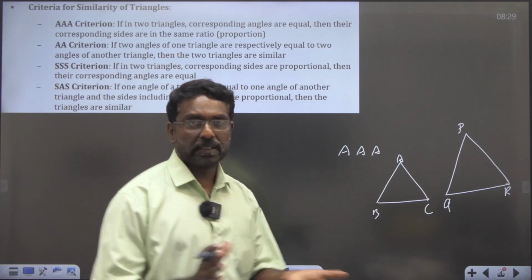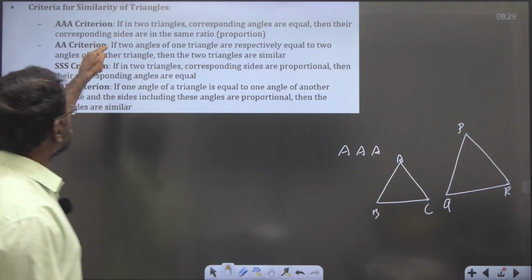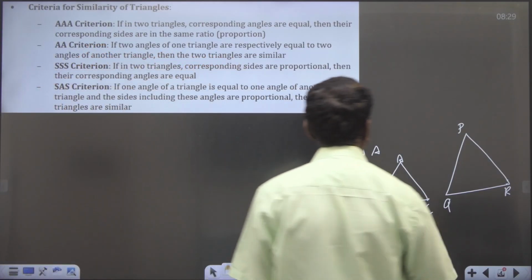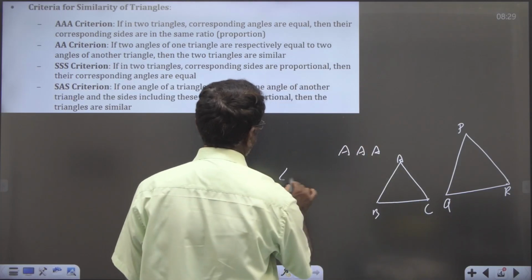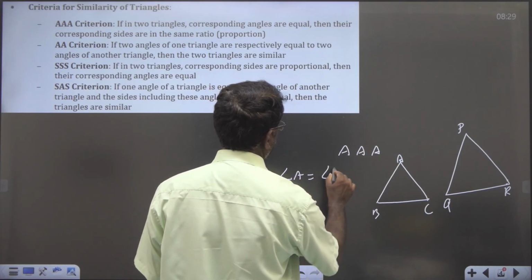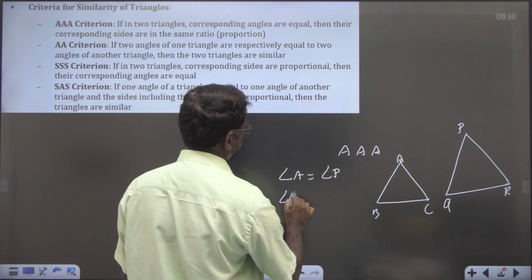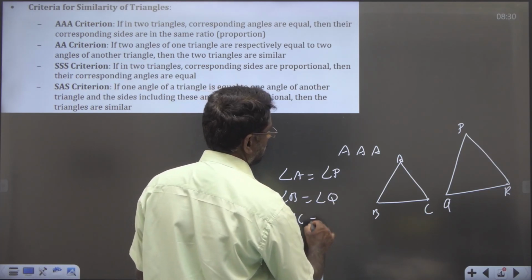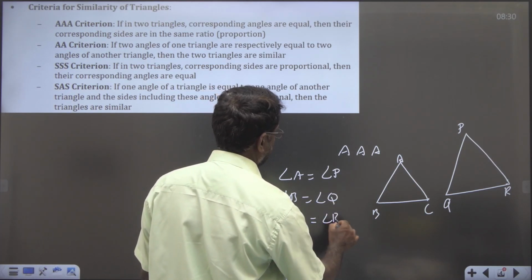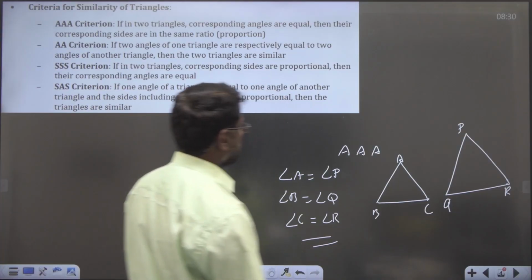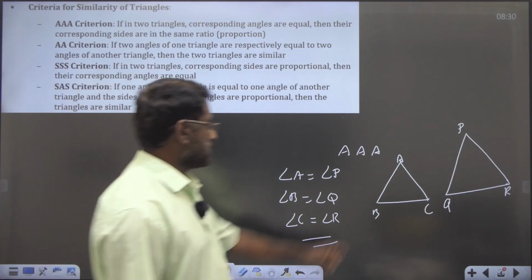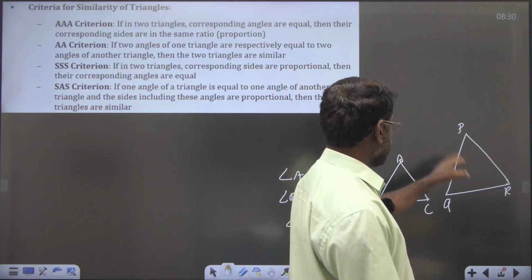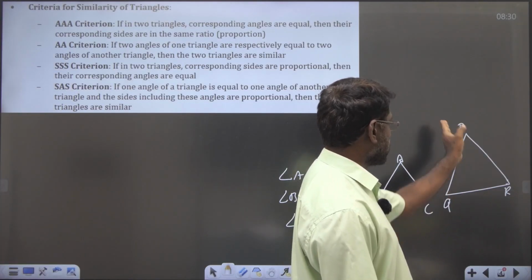That automatically happens. If in two triangles corresponding angles are equal, that means angle A is equal to angle P, angle B equal to angle Q, angle C equal to angle R, then automatically we can say that the sides AB, BC, CA are proportional to PQ, QR and PR.